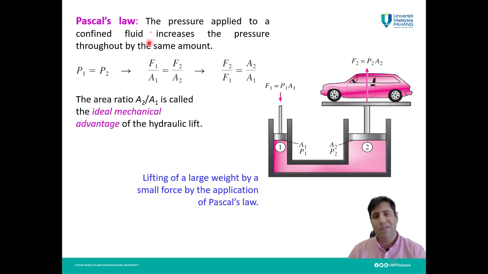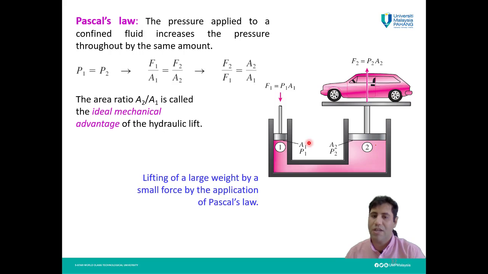And from these definitions for pressure, we can reach Pascal's law. The pressure applied to a confined fluid increases the pressure throughout by the same amount. In other words, when we apply this F1, it causes P1, which is equal to F1 over A1. P is the pressure on this surface, A1 is the surface area of this system.